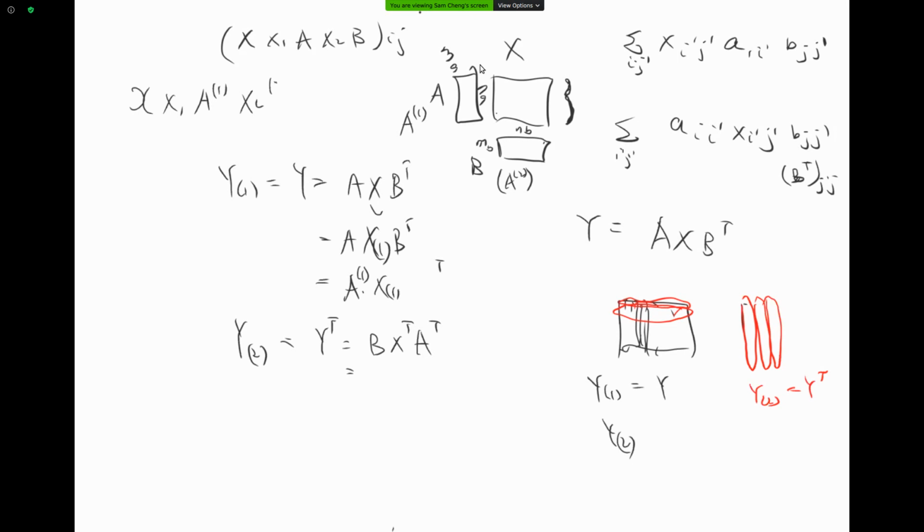I have a really hard time writing A2 and mode 3 with A3 and so on, and so forth. Therefore this is actually equal to A1 here, and X transpose is actually the mode 2 matricization of X, and B again is equal to A2.